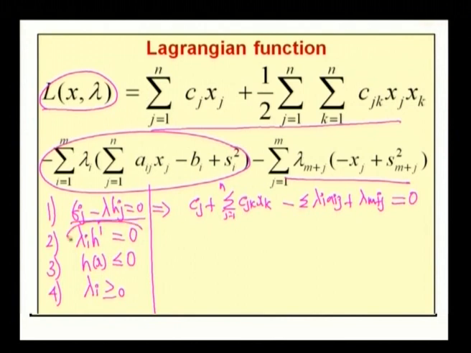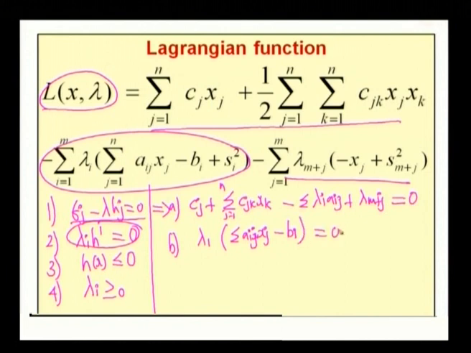I will consider this as equation A. Then the second Kuhn-Tucker condition, lambda i hi equal to 0, gives lambda i into summation aij xj minus bi equal to 0.